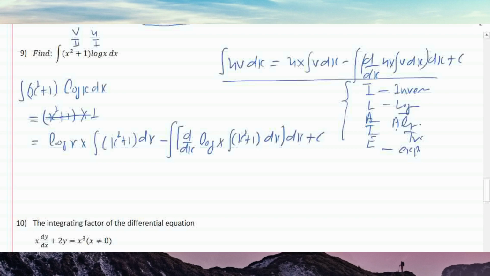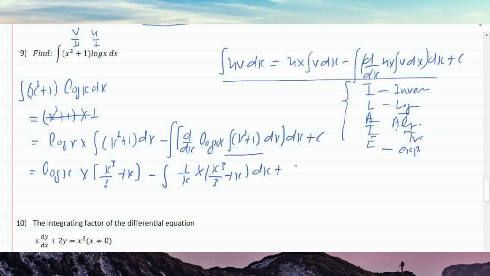So you just simplify it further. You are getting here log x. Integration of this part, you know, is x cube upon 3 plus x. This is minus sign. Here the differentiation of log x is nothing but 1 upon x. And here you can write this result directly: x cube over 3 plus x, dx plus c. So you just simplify it further.